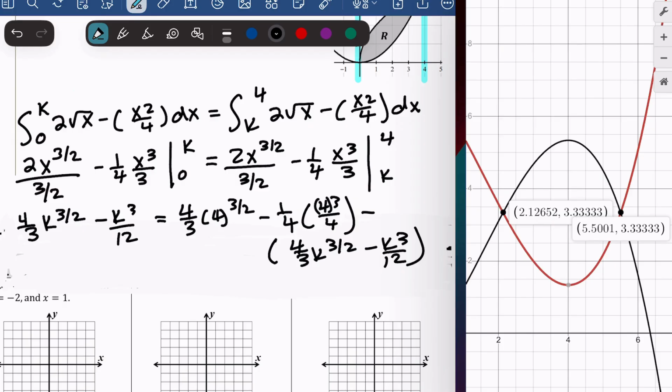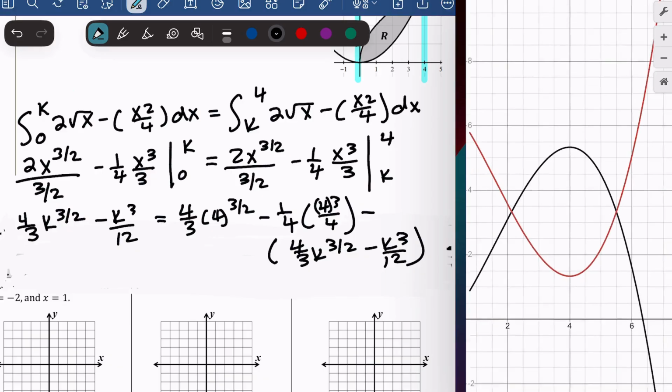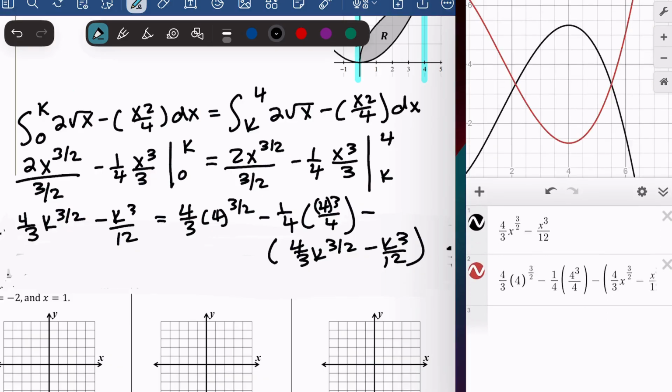This makes me feel like I typed something in wrong, though. Let me double check this. So 4/3 x to the 3/2 is 12. 3/3 minus 1/3. 4 cubed minus 3.